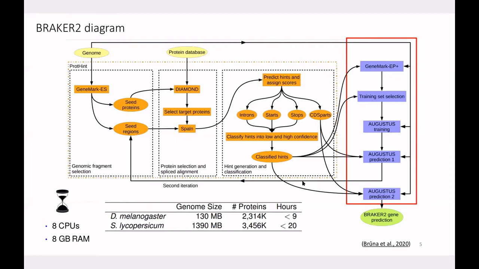And I also want to highlight runtime. Our goal here was to develop a tool which is executable on personal machines. So you can see that even on a quite large genome of tomato, Solanum lycopersicum, which is over 1 gigabase long, and when you use all plant proteins, which in this case in OrthoDB is 3.5 million, you can still run this under a day on a laptop, on a machine with 8 CPUs and 8 gigs of RAM.